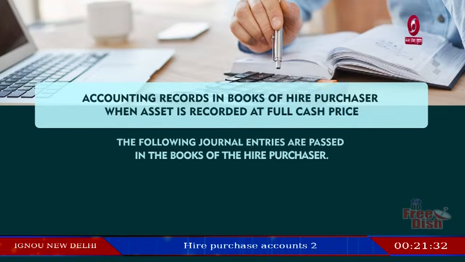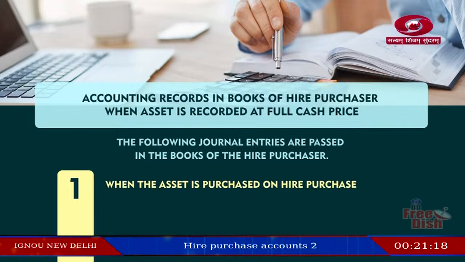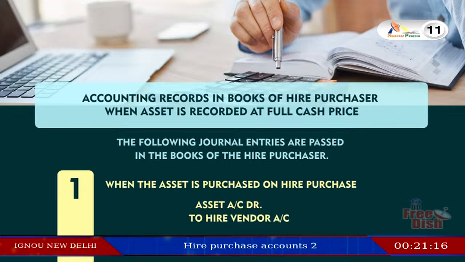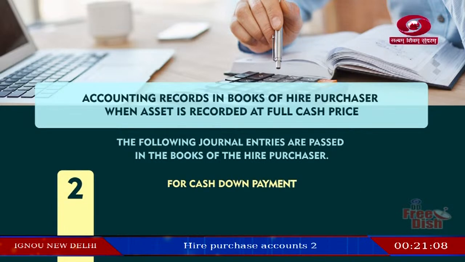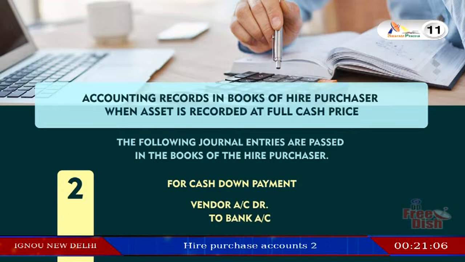So here the asset is recorded at full cash price. The first one is when the asset is purchased on hire purchase. Very simple: the asset is coming to us, therefore it must be debited as per the real account, asset account debit to hire vendor. When the cash down payment is made, the cash is going out, therefore it must be credited: vendor account debit to bank.